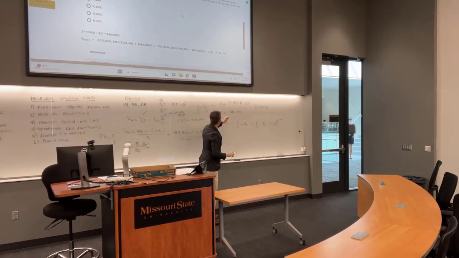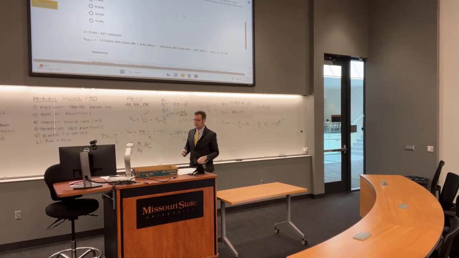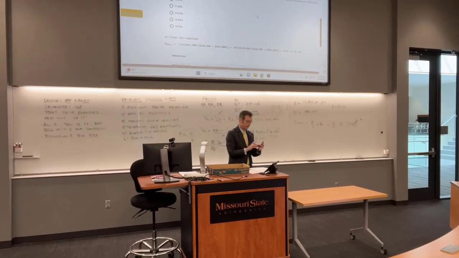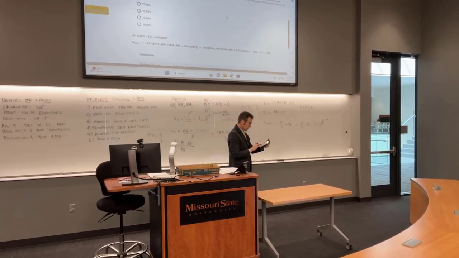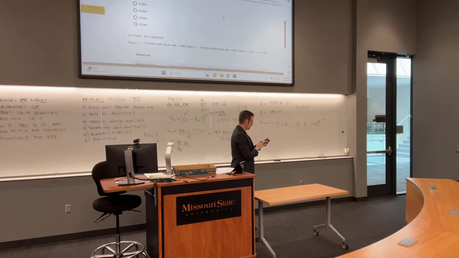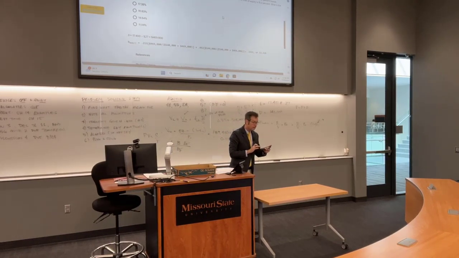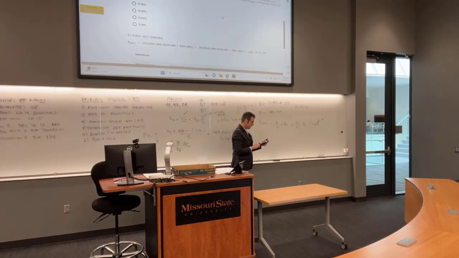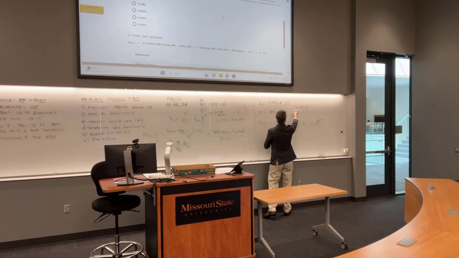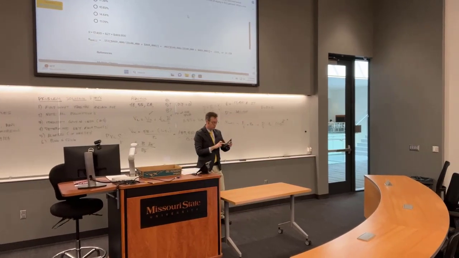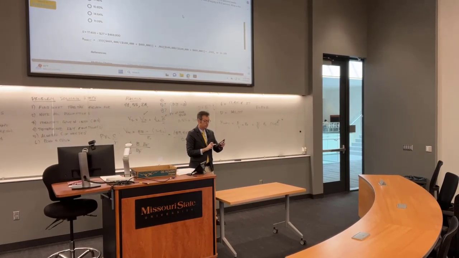Okay. Now, we're going to go ahead and figure out what this equity is. 17,400 times 27. I'm getting 469,800. So I'm going to store that in location 1. And then I'm going to add 140,000 bucks. That gives me V. I'm going to store that in location 2.